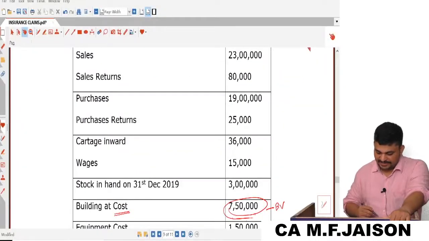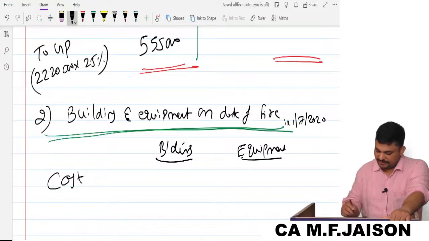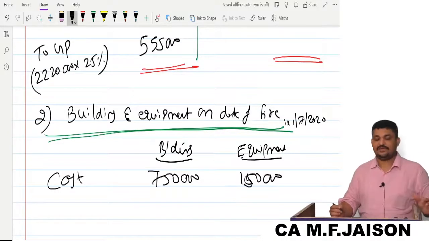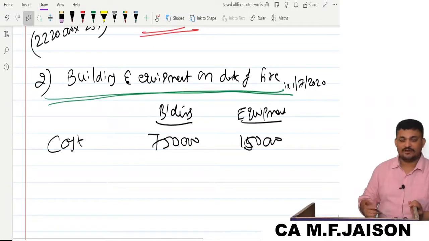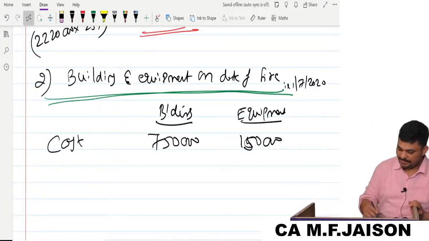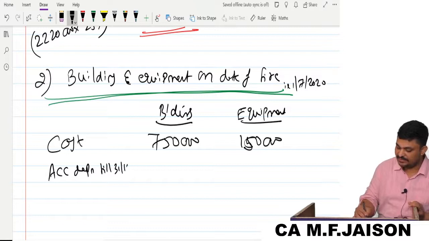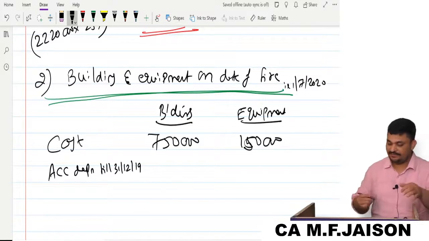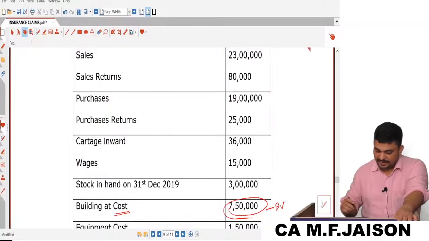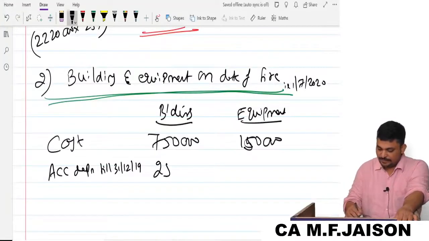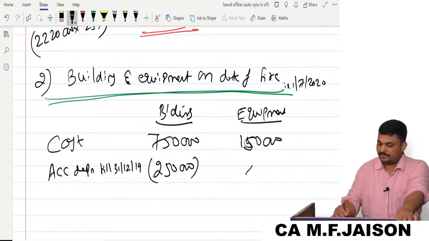The cost of the assets is 7,50,000 and 1,50,000. Then we have the accumulated total depreciation till 31st December 2019, like that information is given. What is the accumulated total depreciation? 2,50,000 and 45,000.